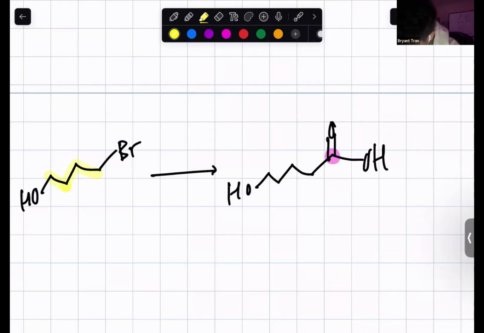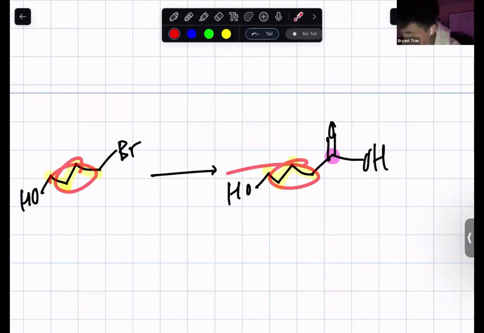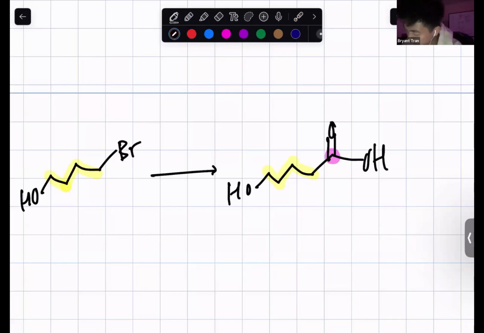So that's 1, 2, 3, 1, 2, 3, 4, 1, 2, 3, 4. The yellow is the similarities between the reactant and product molecules.